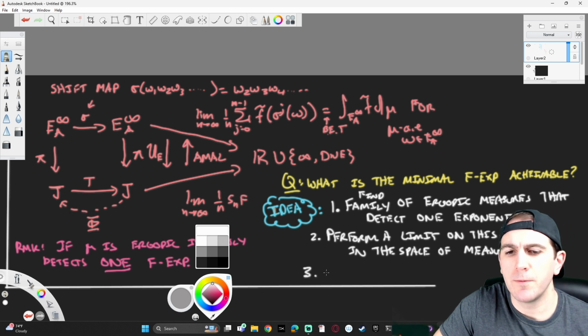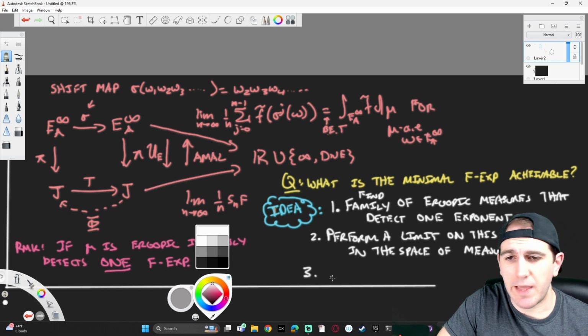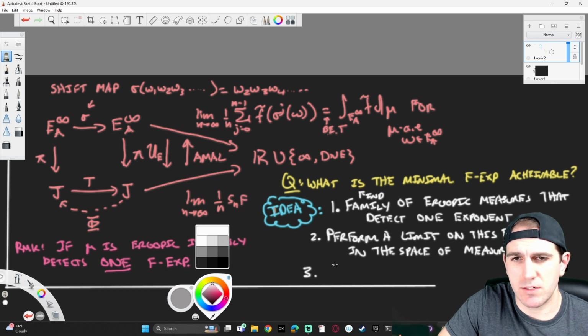And then three, I want to connect that limit to a quantity that I can do numerics on.